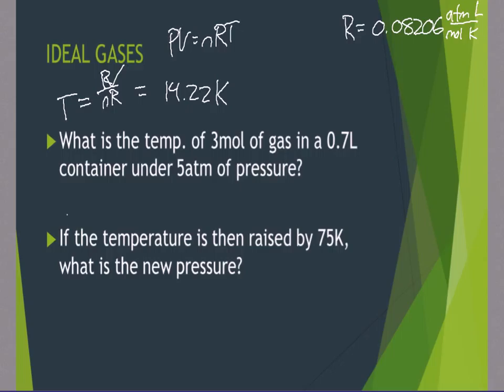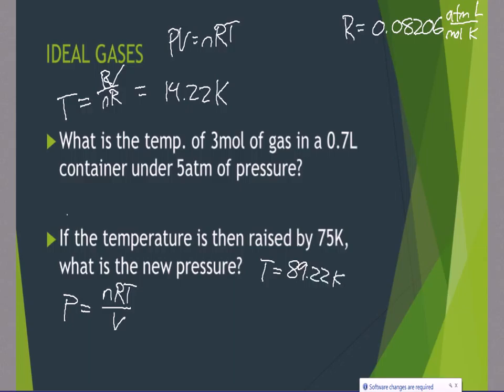So we can rearrange our equation once again to get P equal to nRT over V. And T is going to be what now? Right. T is not 75, because we are raising the temperature by 75 Kelvin. So we're going to add these two numbers, and that gives us 89.22 Kelvin as our new temperature.